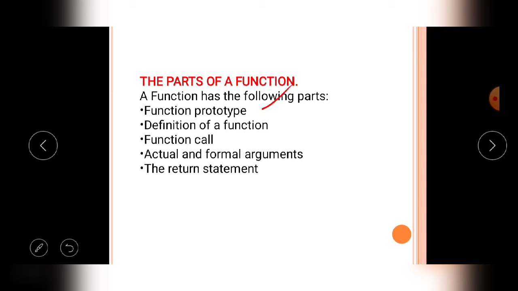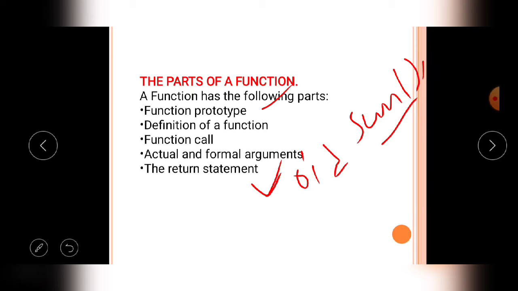Okay, for example, void sum(void). The function name is sum. So this user defined function sum will not take any arguments into the program. That means empty parentheses. After completion of the execution, it will not return anything to the caller function.